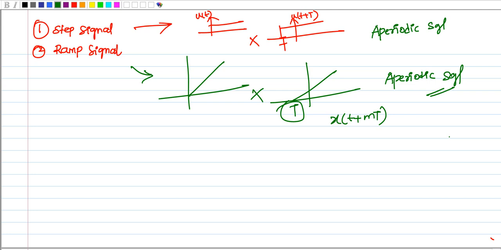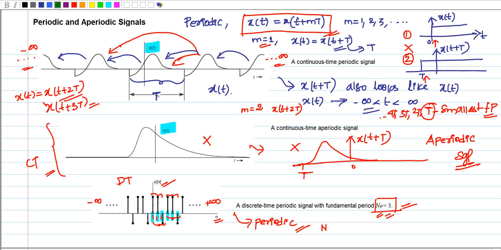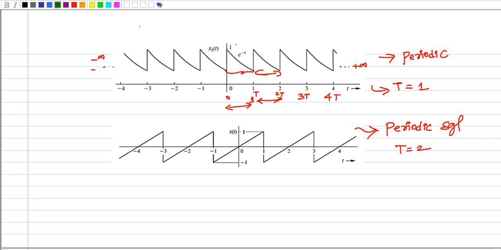One more thing: there are two interesting properties of a periodic signal. The first is that if we time shift by T, the signal remains the same, unchanged. Even if you shift the original signal x of t by T, 2T, or 3T, you will get the same signal x of t. So the signal is unchanged by a time shift.